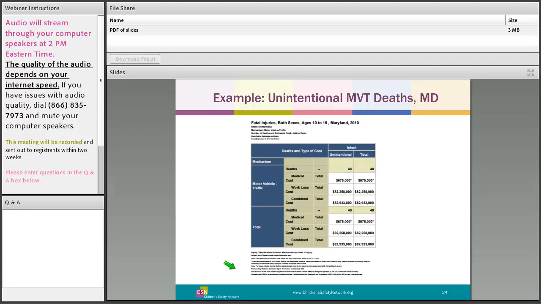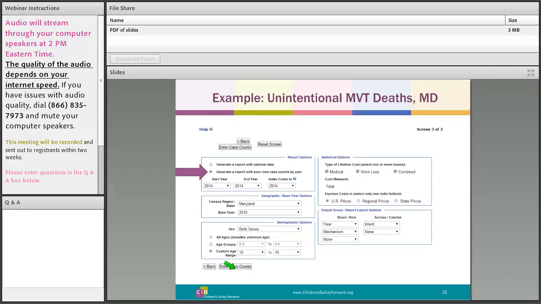Now, let's assume, again in the same session, that you had your own data and you wanted to describe a year different from what was generally provided. To create a report based on your own data, you have an option in the report option window at the very top.